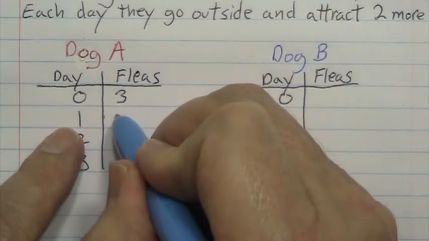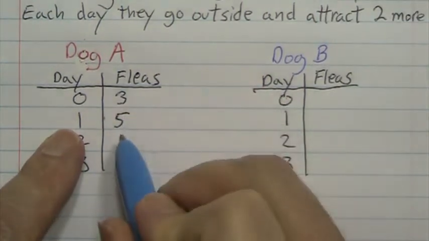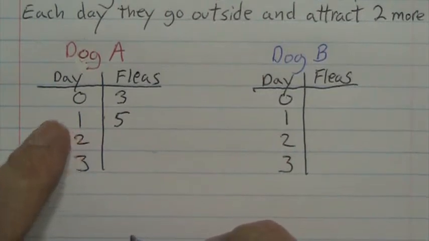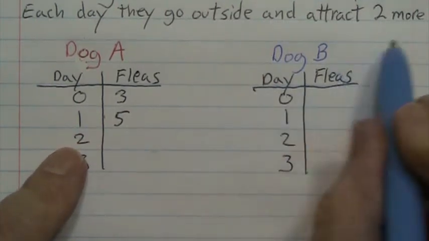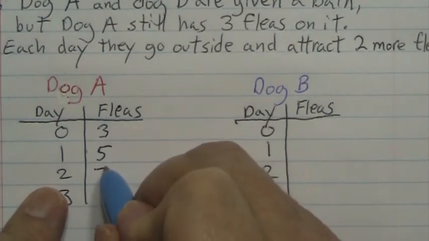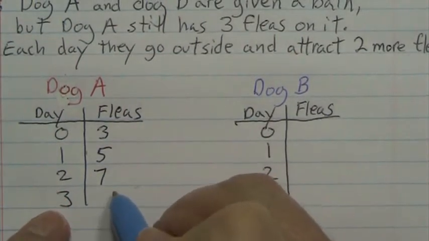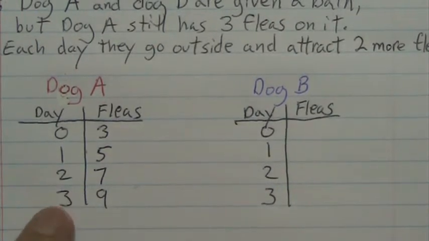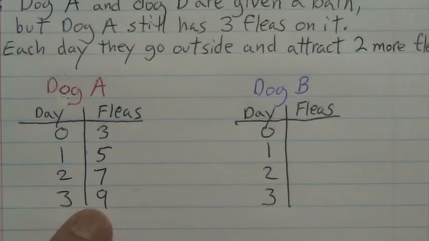So on day 1 then, when it goes outside the next day, it's going to have 5 fleas on it. The next day it gets 2 more fleas. So it's going to have 7 fleas. And the next day it's going to have 2 more, 9 fleas. So by the 3rd day, it's going to have 9 fleas on it.